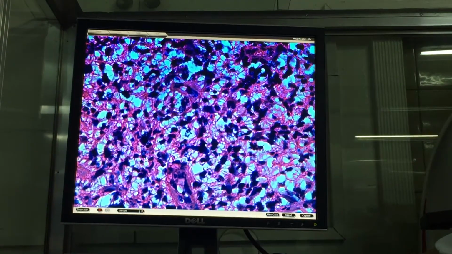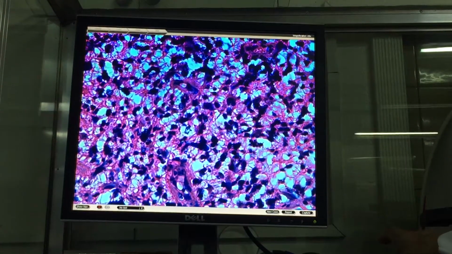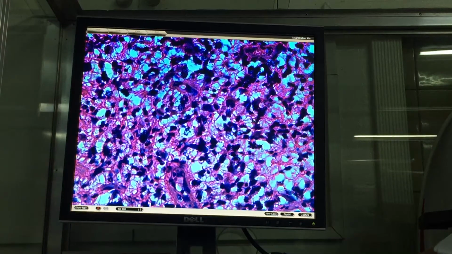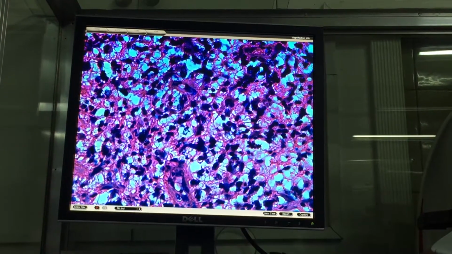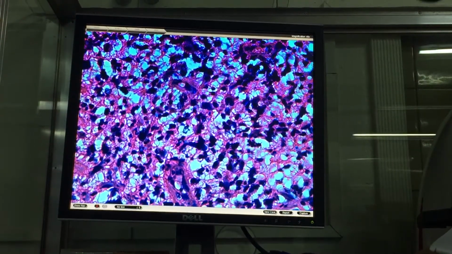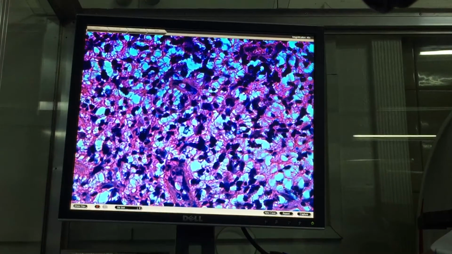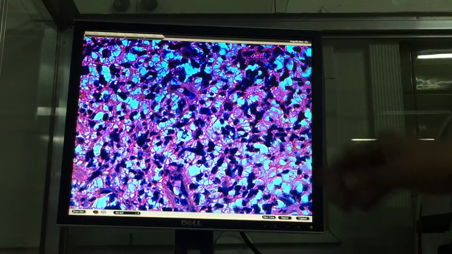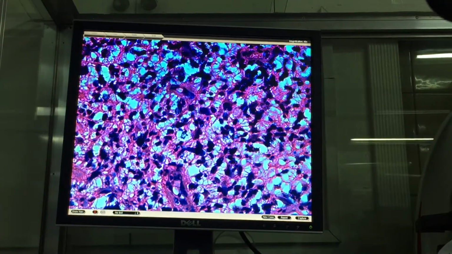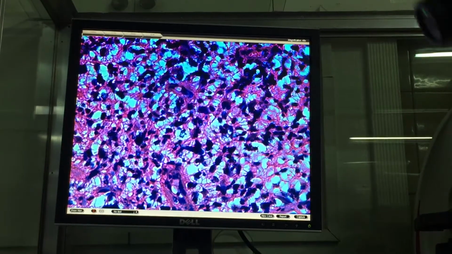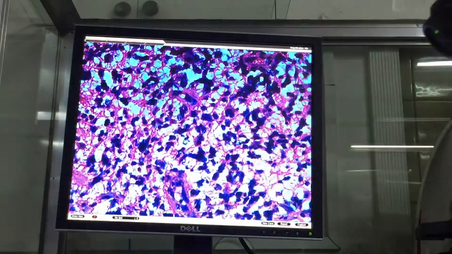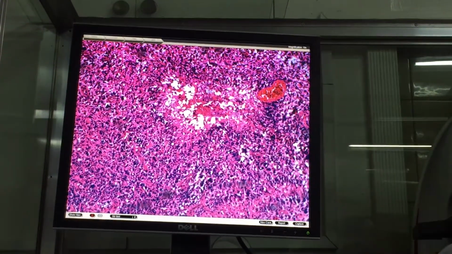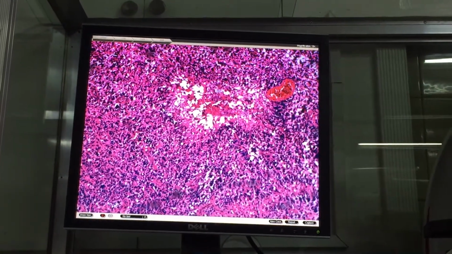Look at the cells. They are hyperchromatic, very dark. Some are enlarged, showing pleomorphism. The background seems to be a tangle of fibrillary material. At lower magnification, look at this area here.